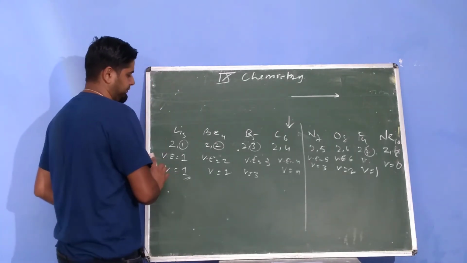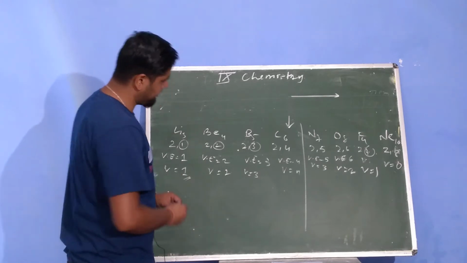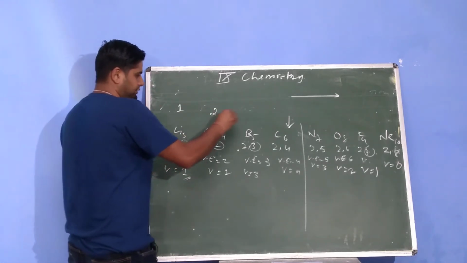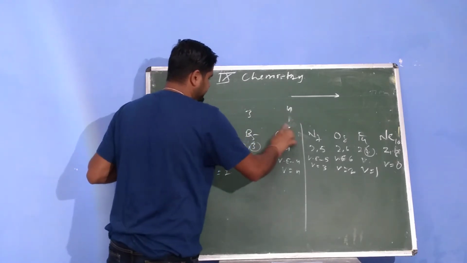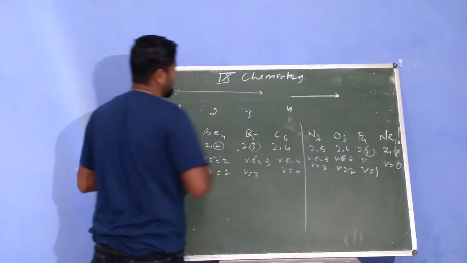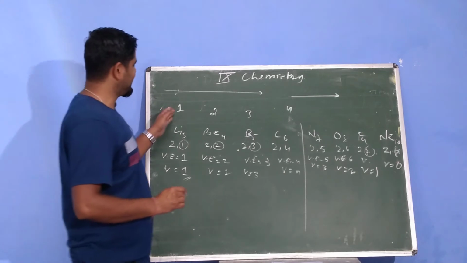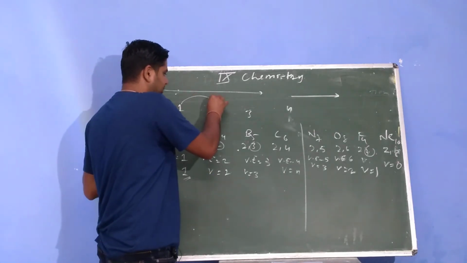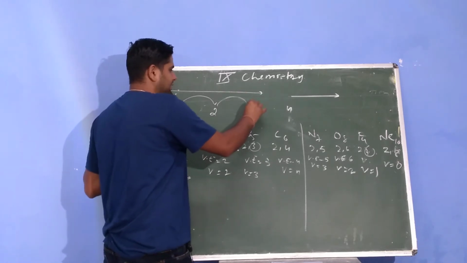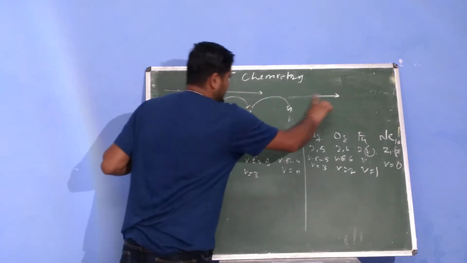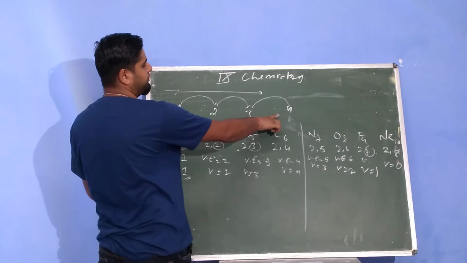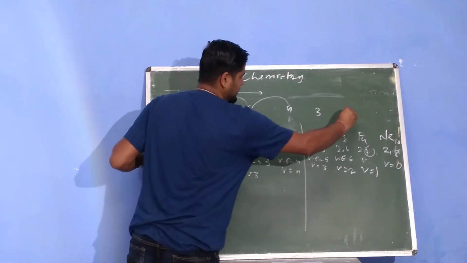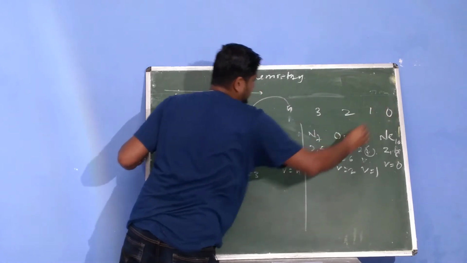So, may I rub this one? Before rubbing this, let's check. Here valency 1, valency 2, valency 3, valency 4. What is happening when we are moving from left to right? Valency is increasing by 1, yes or no? It is increasing up to 4, and after that 3, 2, 1, 0.